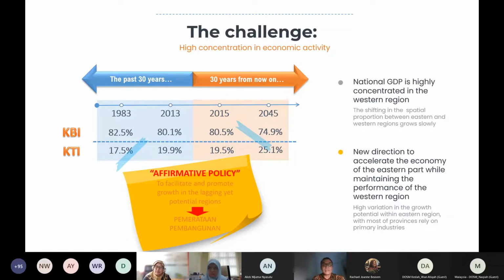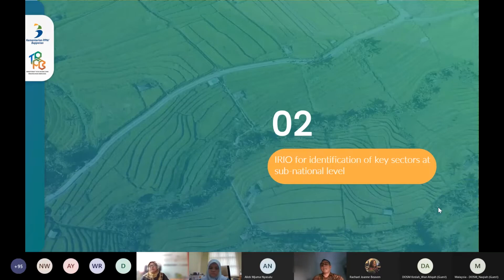Between 1983 and 2013, the share of the eastern part of Indonesia only increased by around 2 percentage points. More than 80% of the economy only circulated in the western part, which consists of two big islands, Sumatra and Java. So now we need tools to identify the new growth engine for the eastern part of Indonesia. That's why the IRIO is very important in our policy formulation.